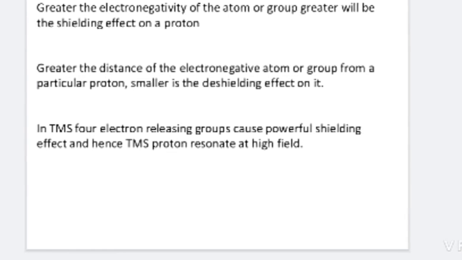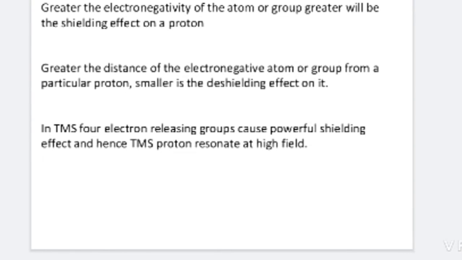Greater the distance of the electronegative atom or group from a particular proton, smaller is the deshielding effect on it.